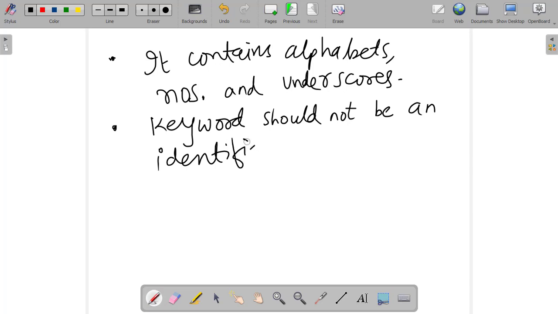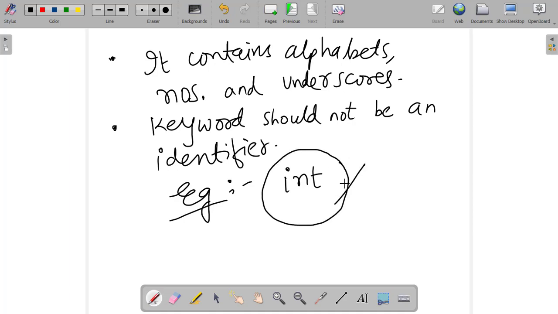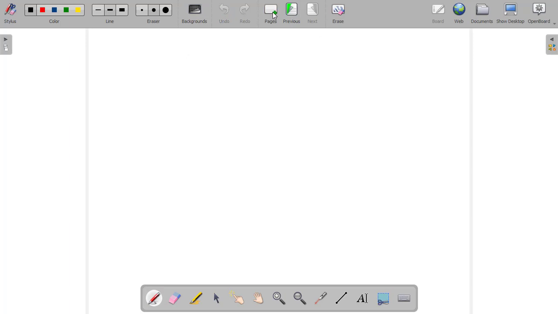Suppose there is a keyword in C like int. I have not discussed int yet, but as of now please understand that int is a keyword, so we must not use int as an identifier. It is completely prohibited.